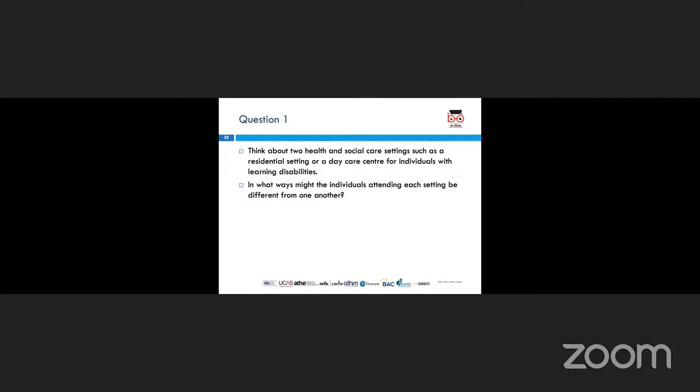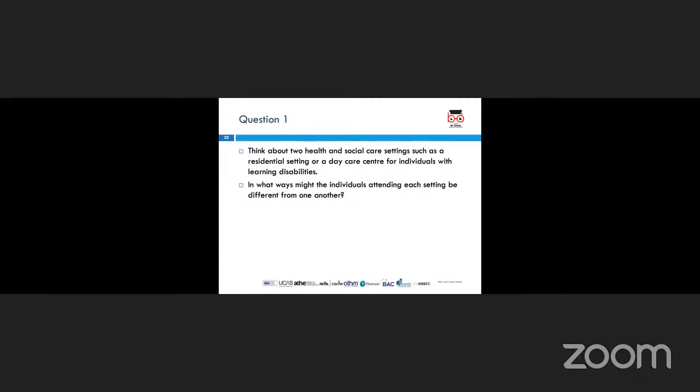For this particular task, we're going to be looking at a few questions and a few answers, just to put your thinking hats on and visualize and then answer these. There's no right or wrong answer, but let's participate in a bit of a discussion to see what you can come up with. So anyone, if you were working in a residential home taking care of elderly individuals, what kind of setting would that be?